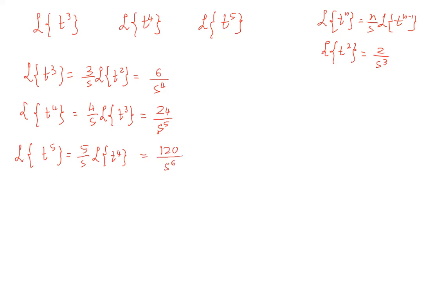So can anybody tell me, after all of this, does anybody have any conjecture, any guess for what L of t to the n should be? What's the correct interpretation for L of t to the n?